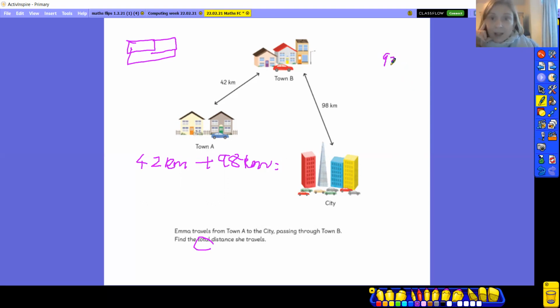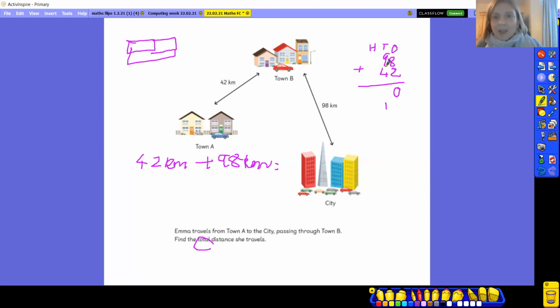So 98 add 42 kilometers. Now I've got my ones, my tens, and I know because 98 is very close to 100, it's very likely, in fact I know, we're going to have a hundreds digit. So this is our adding one. 8 ones add 2 ones equals 10. So I'm going to convert 10 ones into 1 ten.